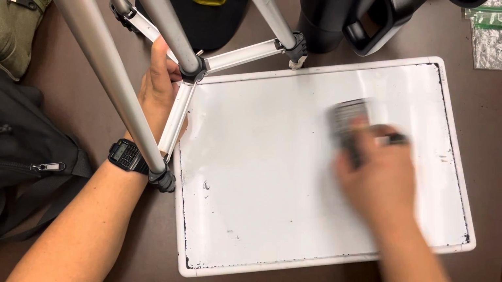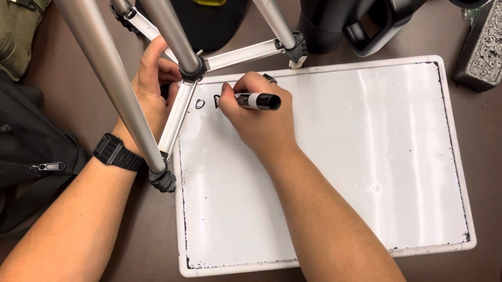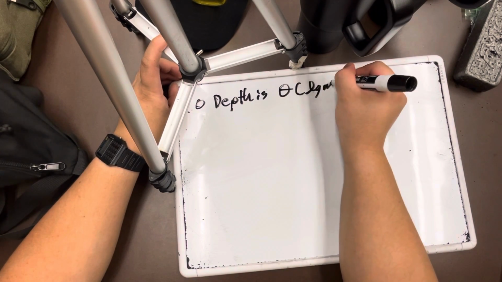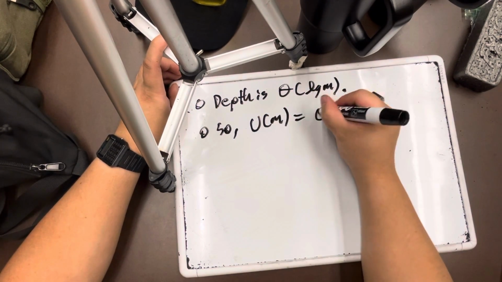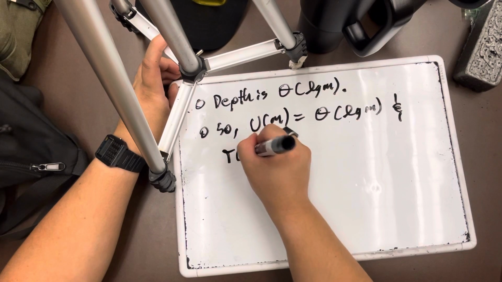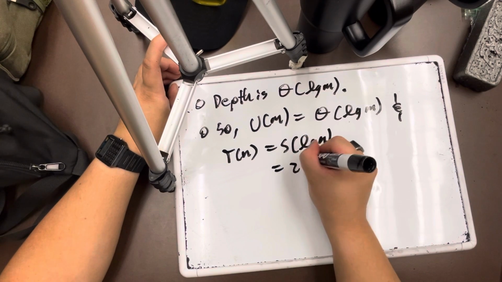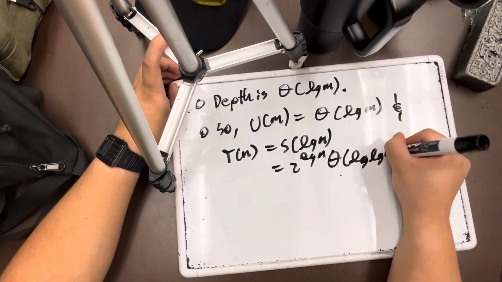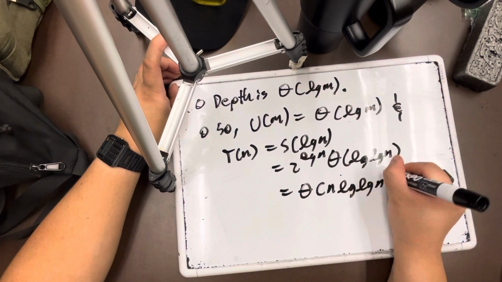As I erase this board, well, we can say depth in this case is Theta of log m, so U(m) is equal to Theta of log m, and so T(n) is equal to S(log n), which is equal to 2 to the log n times Theta of log n, which is equal to Theta of n times log n.